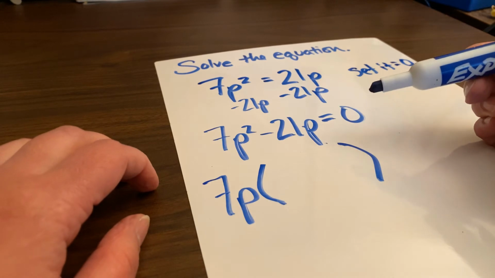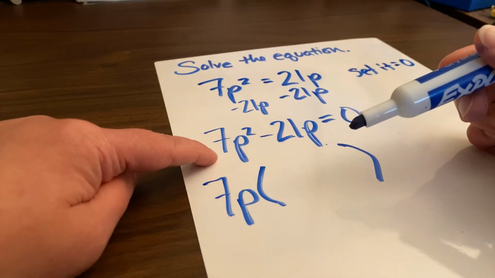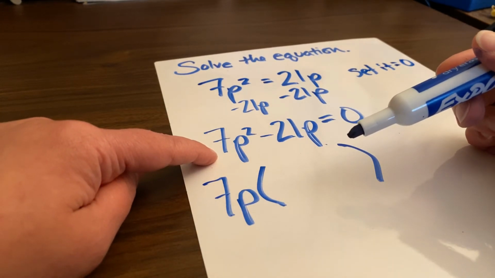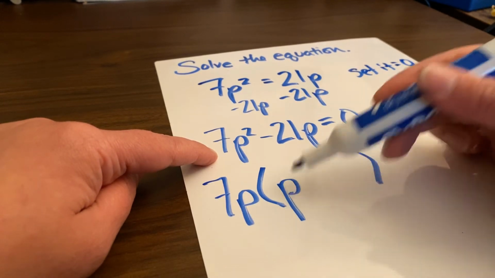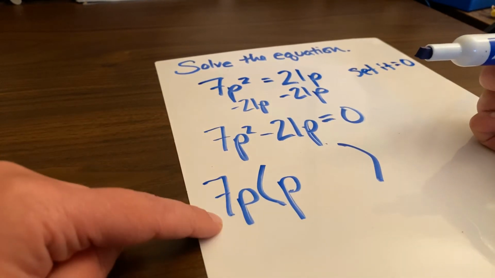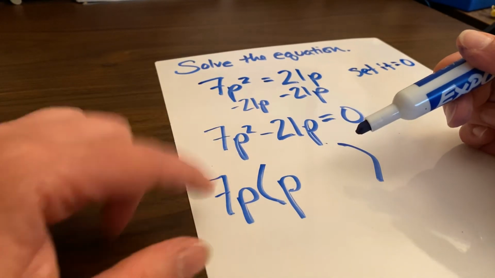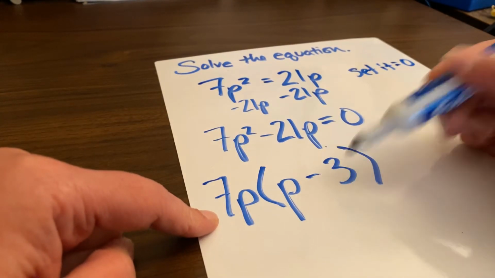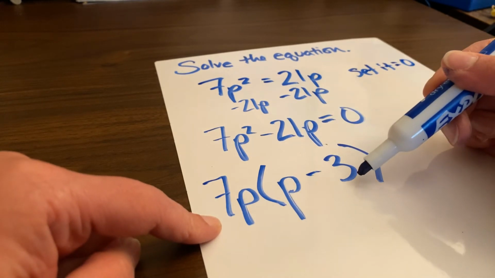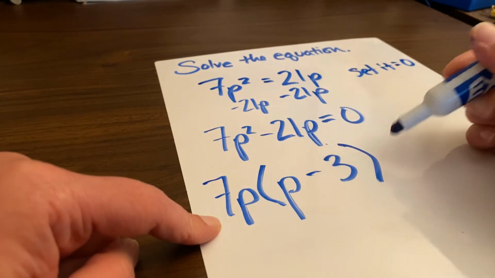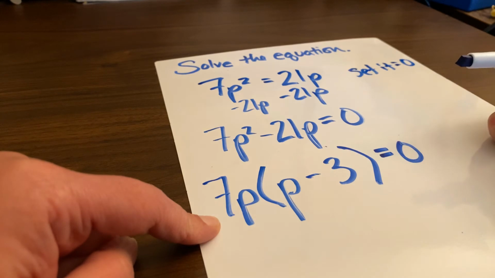And we'll ask ourselves, well, 7p times what gives me 7p squared? You're right, just p. 7p times what gives me a negative 21p? Well, that would be a negative 3, right? 7p times negative 3 would give you negative 21p. So we set that equal to 0.